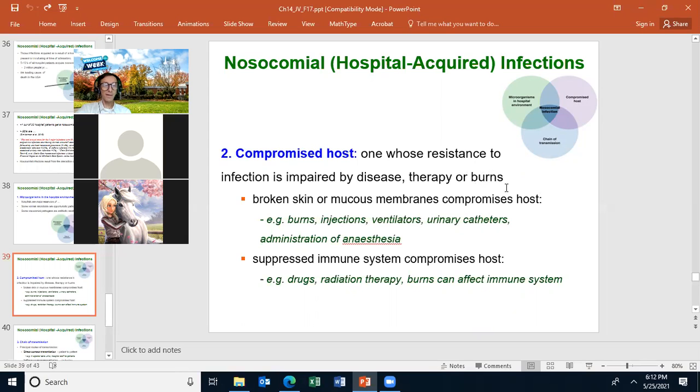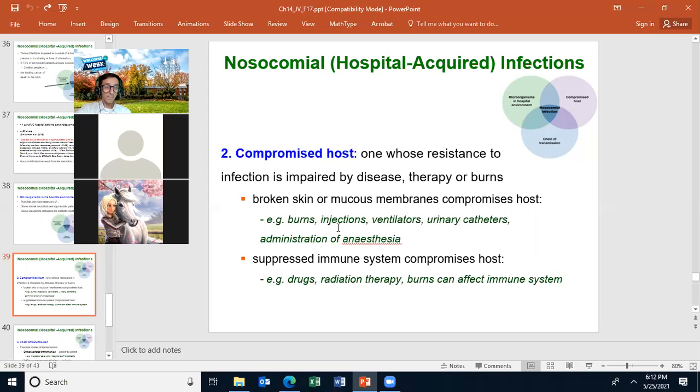Trauma is what I'm trying to say. Burns or trauma. Broken skin, broken mucous membranes can make the host compromised and more likely to get infection. Burns do the same thing. Burned skin is more likely to get infected than healthy skin.